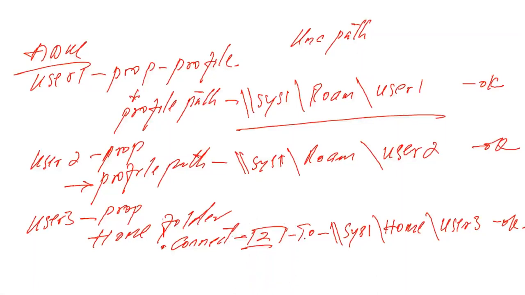Okay. Next line, 2 dash. Write down this path: 2 dash double backslash system1 slash home slash user 3. Double backslash sys1, single backslash share folder name home, then single backslash user 3, and click on apply and click on OK.